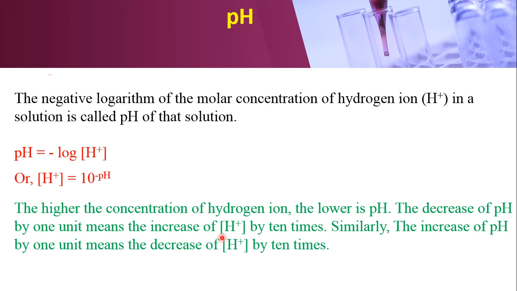And the solution which has a lower concentration of hydrogen ion has a higher pH value. The decrease of pH by 1 unit means the increase of hydrogen ion by 10 times. Similarly, the increase of pH by 1 unit means the decrease of hydrogen ion by 10 times.